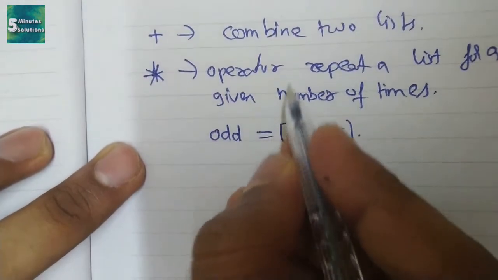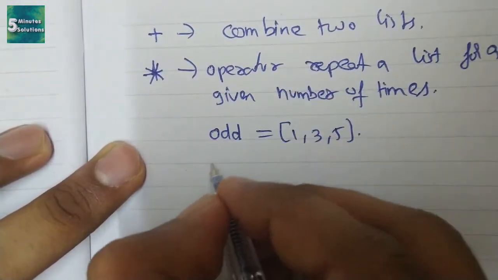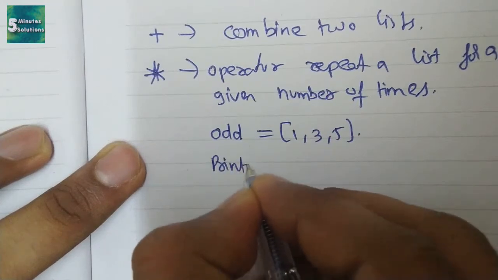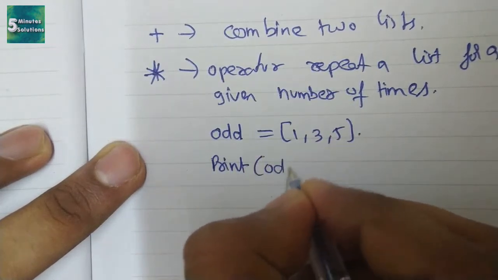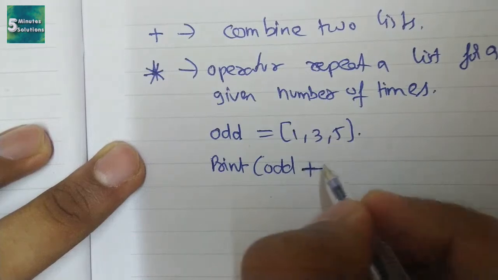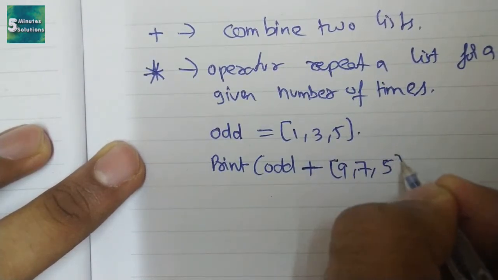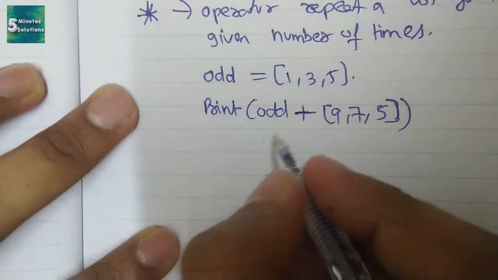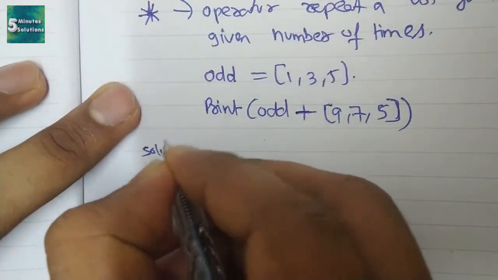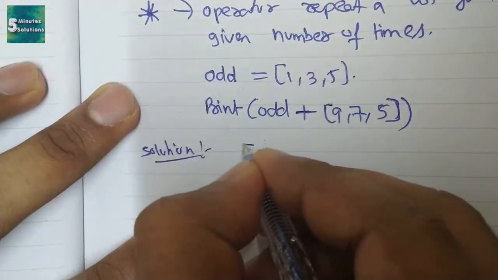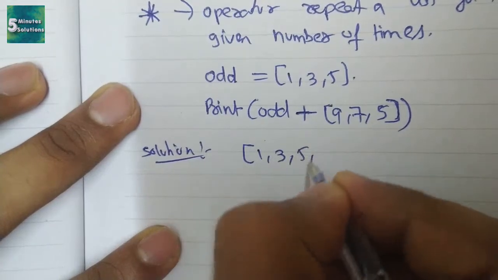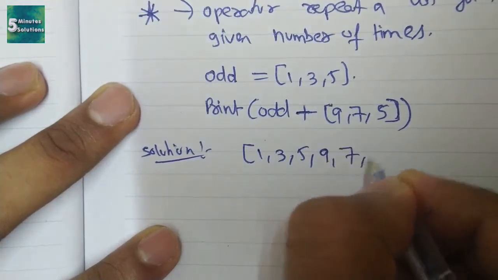First of all, let's use concatenation. Write print odd plus, using concatenation, add 9, 7 and 5. Now it will give you the output 1, 3, 5, 9, 7, 5.